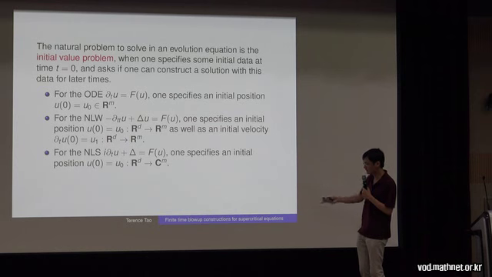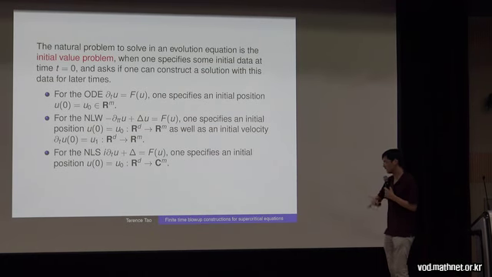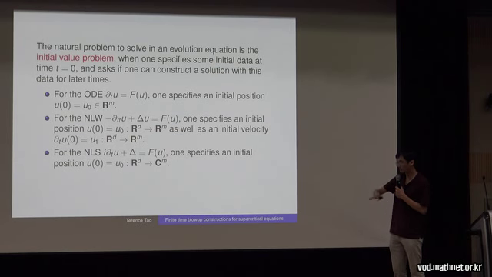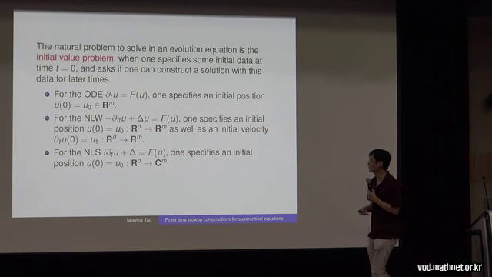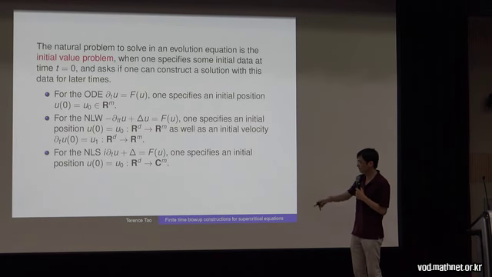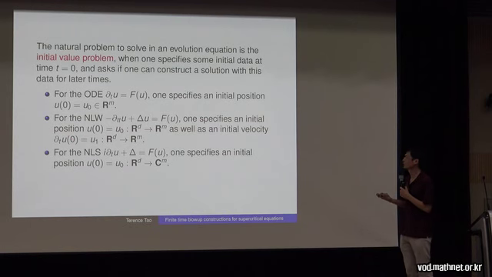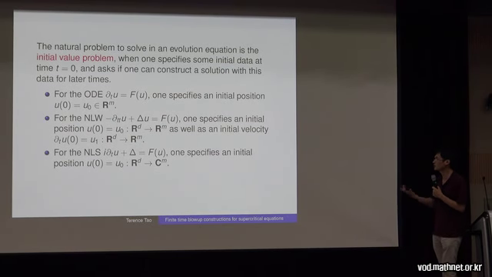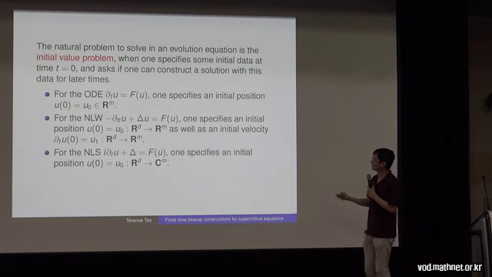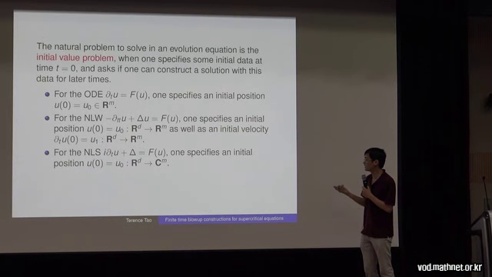This sort of equation describes, for example, the evolution of some membrane, like the surface of a drum. Well, that's not exactly this equation, but you can think of it as similar. But it's not just the position at initial time which is important. You also need to specify initial velocity. So for second order equations in time, you need both position and velocity specified in order to control the evolution at later times. But NLS, for instance, is first order, so you need only the initial position.